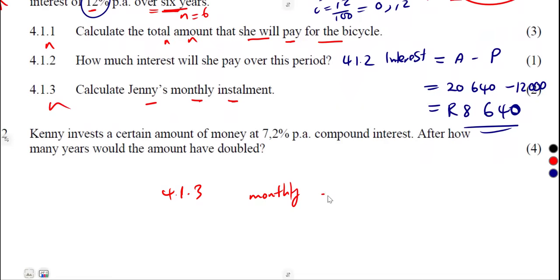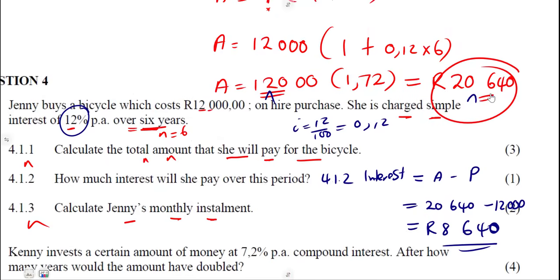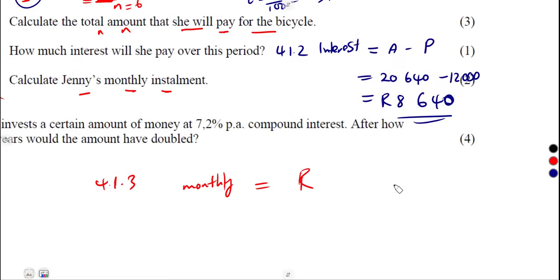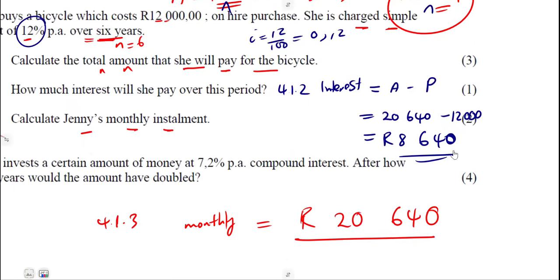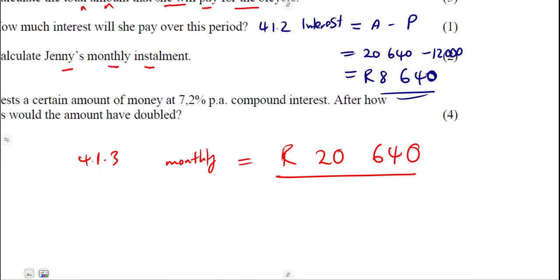From that 20,640, all in all, she's supposed to pay 20,640 over what? How many months is she supposed to pay? Because it's monthly, over a period of 6 years. How many months? 6 times 12.